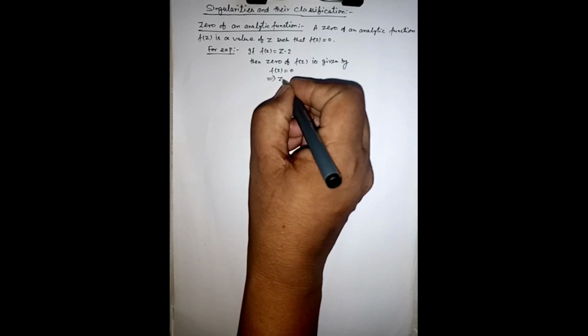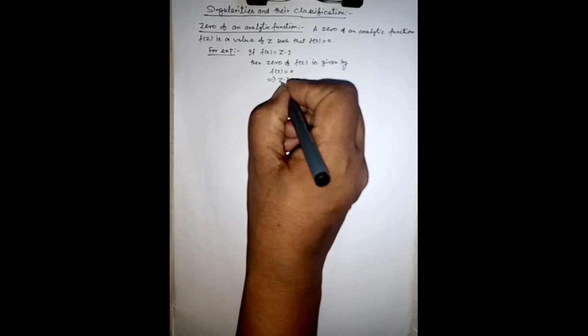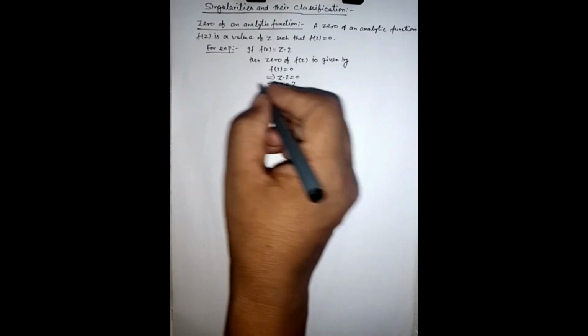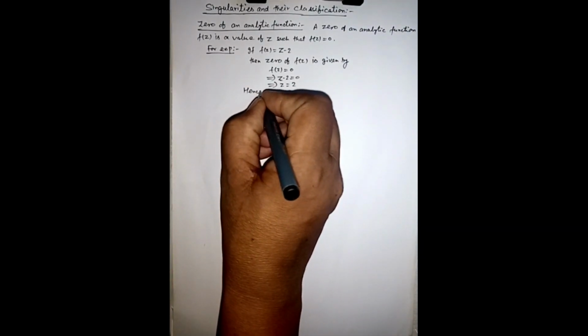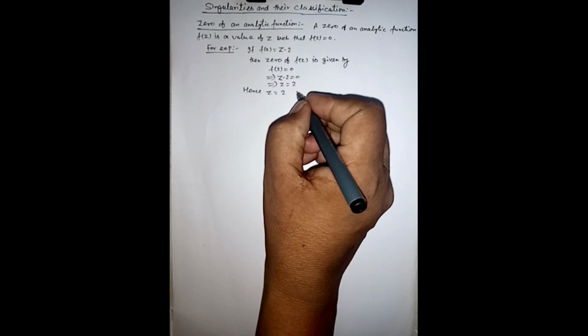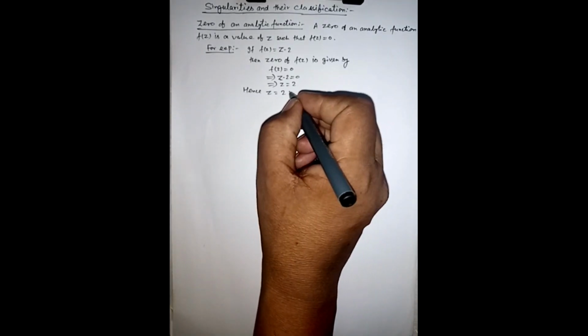This implies that z minus 2 is equal to 0. This implies that z equal to 2. Hence, z equal to 2 is zero of f(z).